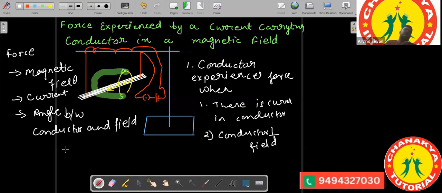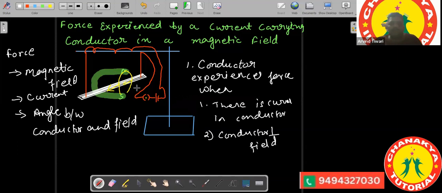That there will be a force experienced by a conductor. Now how this force is experienced, we will see the direction of the force. Okay, so shall we move ahead now?